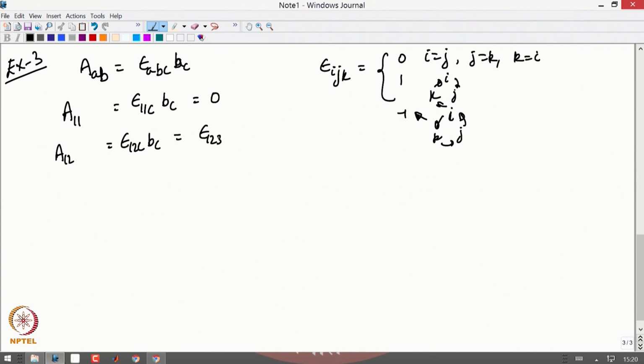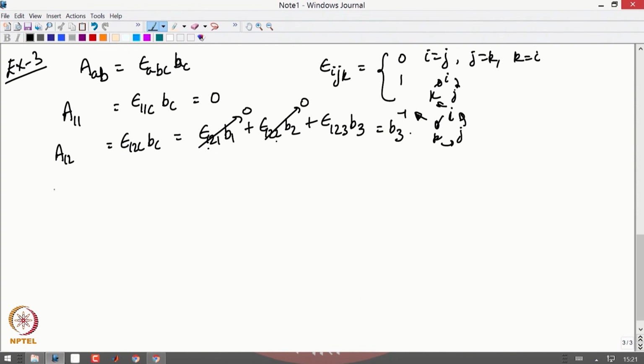So, it will be epsilon 121 b1 plus epsilon 122 b2 plus epsilon 123 b3. Here again 1 is repeated, here again 2 is repeated. So, both of these are going to be 0 and 123 is a cyclic permutation. So, this is going to be b3.